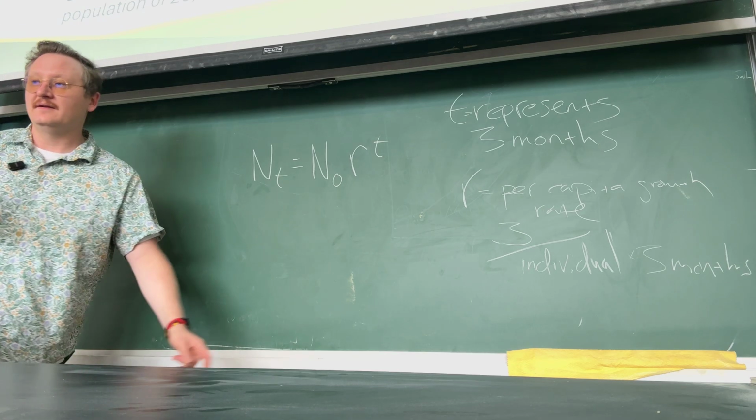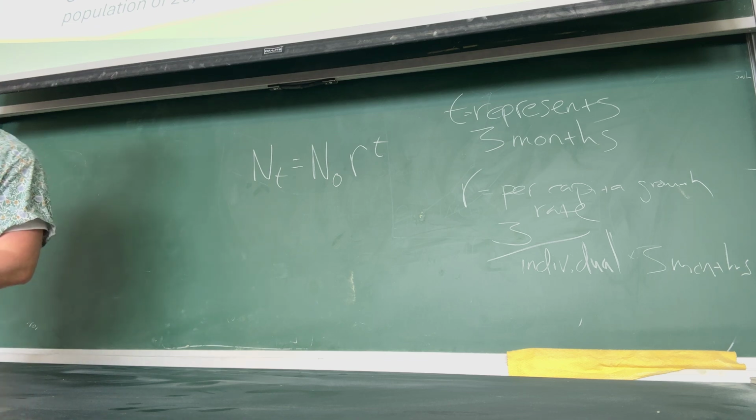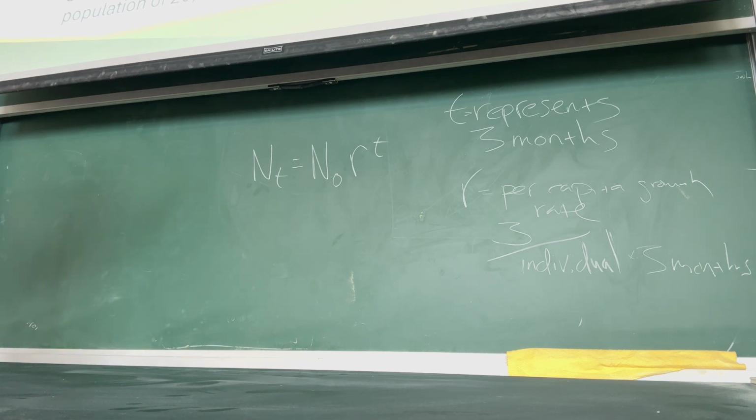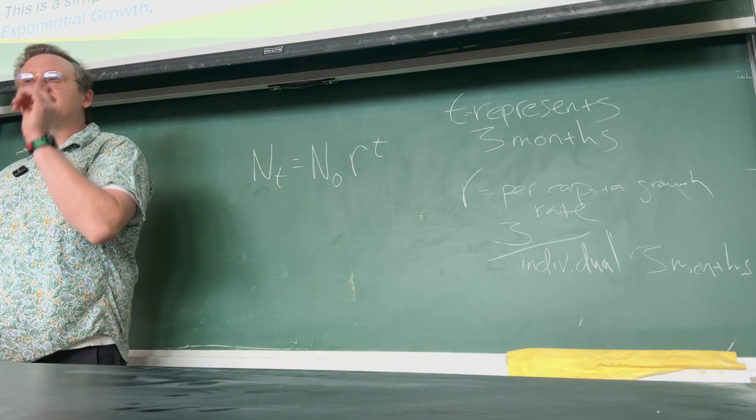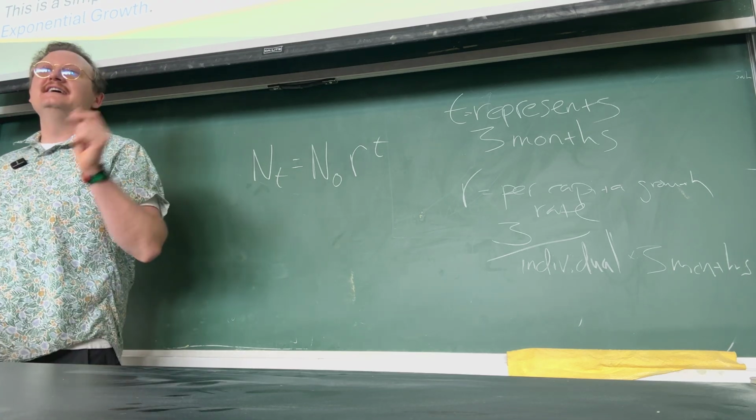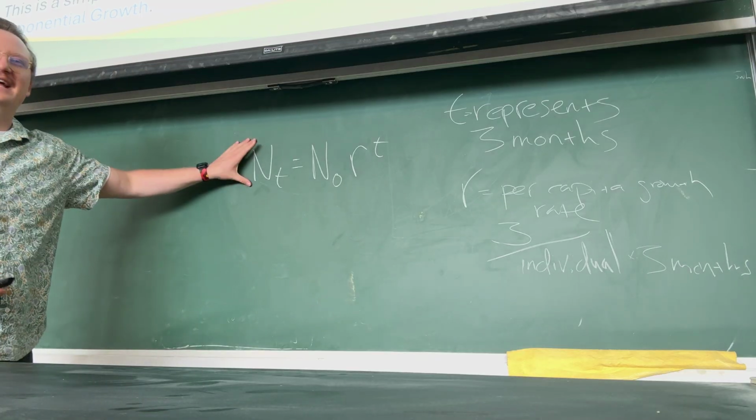Question? This is a geometric rate because it's specific time stamps, right? It's 3-month periods. Yeah, essentially. That's great. Absolutely. But the exponential growth equation gives us a different answer.